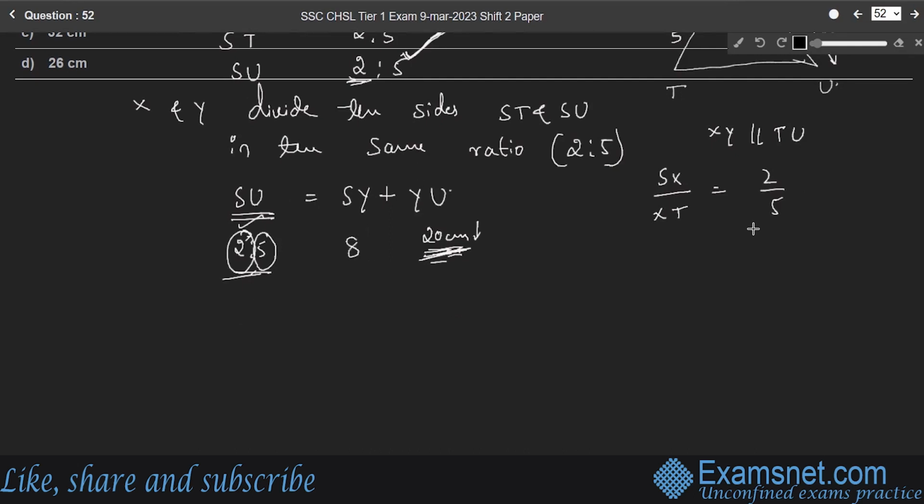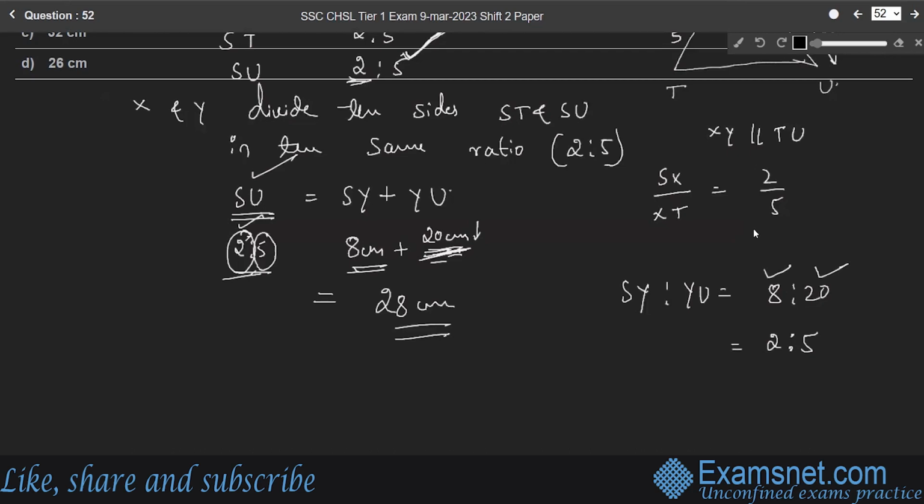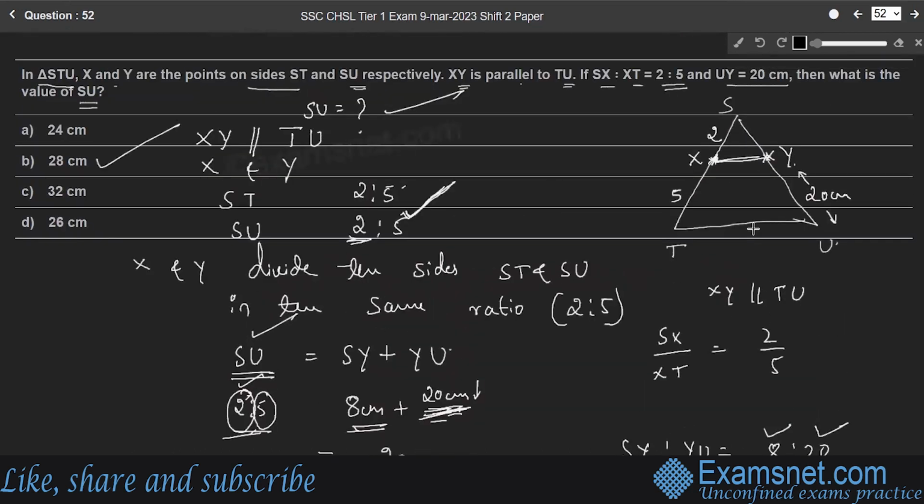Therefore, SY is 8 centimeter. Then SY is to YU becomes 8:20, nothing but 2:5. Therefore, SU is equal to 28 centimeter. Therefore, option B is the right answer.